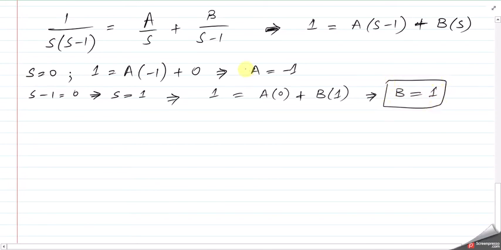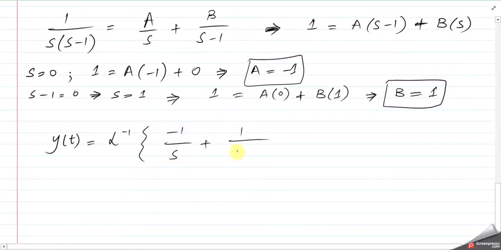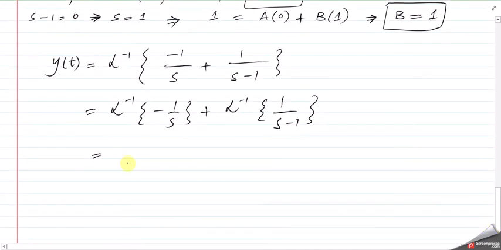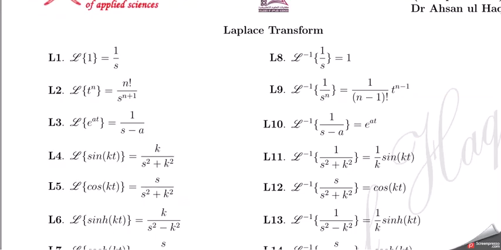So we have b here, we have a here. So y of t equals Laplace inverse of a over s plus b over s minus 1. We can split: Laplace inverse of minus 1 over s plus Laplace inverse of 1 over s minus 1. What is Laplace inverse of 1 over s? Minus can go outside, minus is not a problem. Laplace inverse of 1 over s is 1.